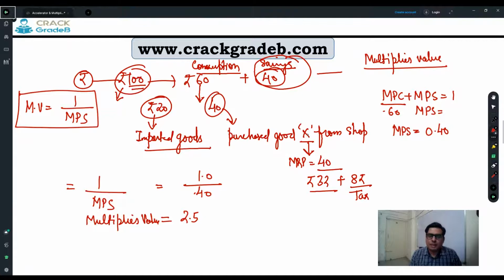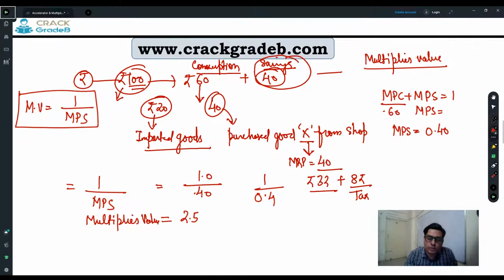This is going to be the value of the multiplier, right? It is 1 upon 0.4. How is it going to be 0.25? It is going to be 2.5, right? It should be 2.5.